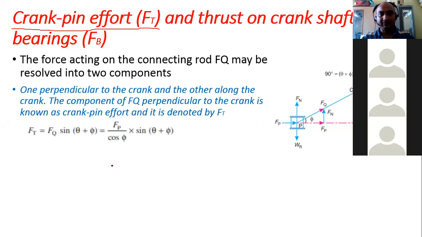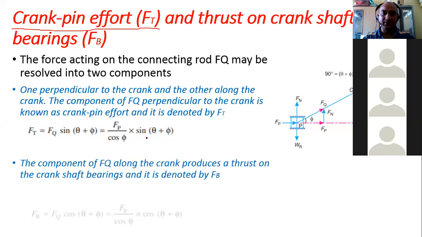Ft will be equal to Fq sine of theta plus phi, and obviously Fb will be equal to Fq cos of theta plus phi. Now we know the formula for Fq, so Ft is Fp sine of theta plus phi upon cos phi. This will be the equation for Ft, and next one will be your Fb.